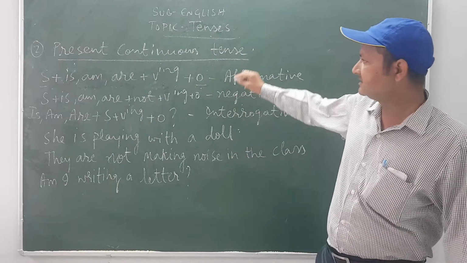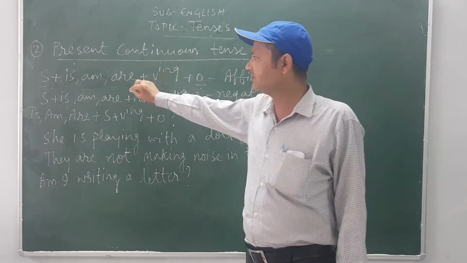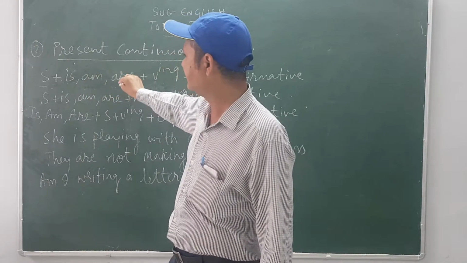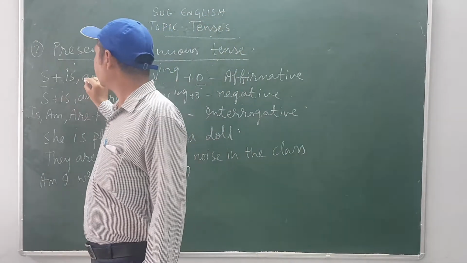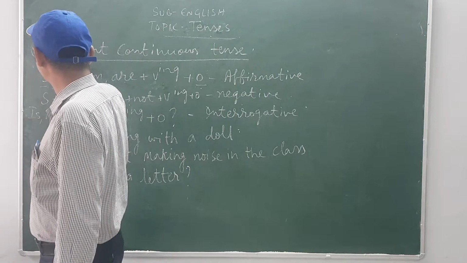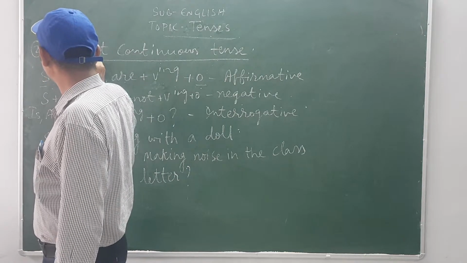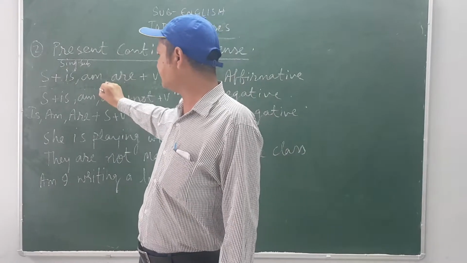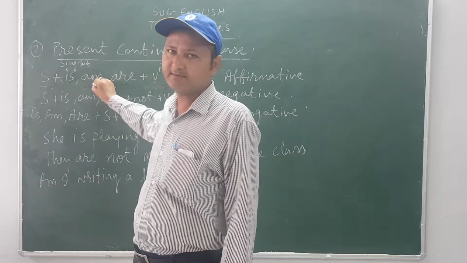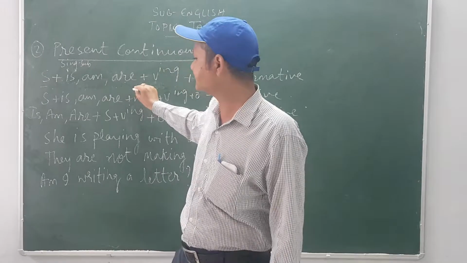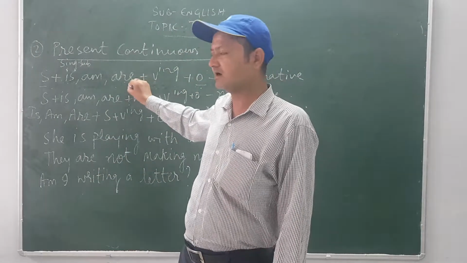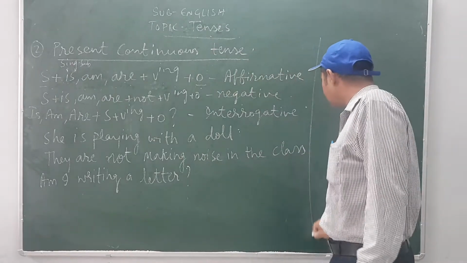So here students can see that the helping verbs being used are is, am, are. Where and when is this helping verb used? If there is a singular subject, then you will use is, and if I is coming in the sentence then you will have to use am, and after that if the subject is plural, then you are going to use are. So I am writing all these things here.